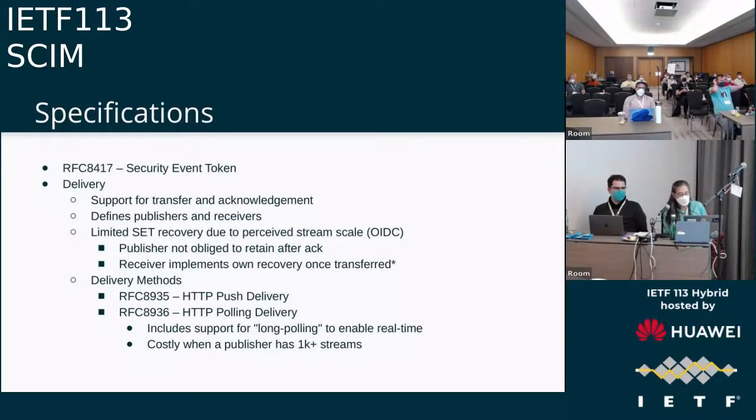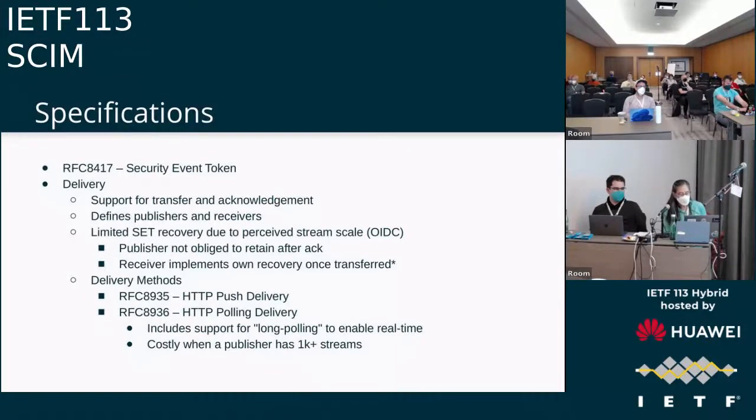The SET push delivery, RFC 8935 specification, allows a publisher to post an event to a registered web callback endpoint. And the SET polling delivery spec, RFC 8936, allows a receiver to initiate HTTP requests to retrieve new events. To enable real-time delivery, SET polling also defines use of HTTP long polling.